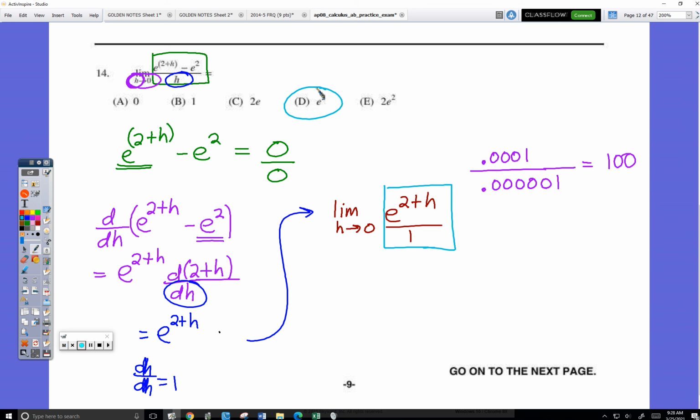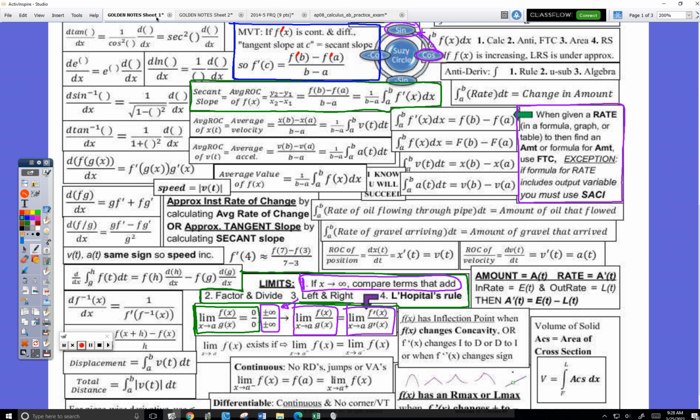Luke asks: when we're finding the derivative of the bottom, we just consider it the h, not 1 over h? Yeah, L'Hopital's rule. Look at your golden notes. Really good question, Luke.